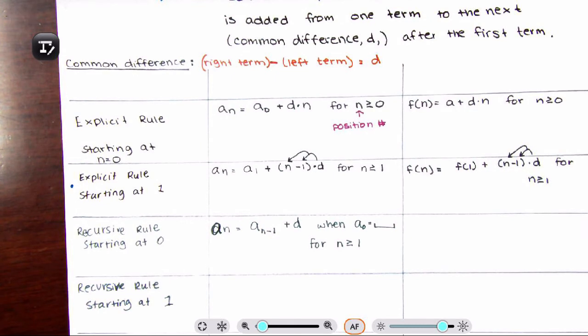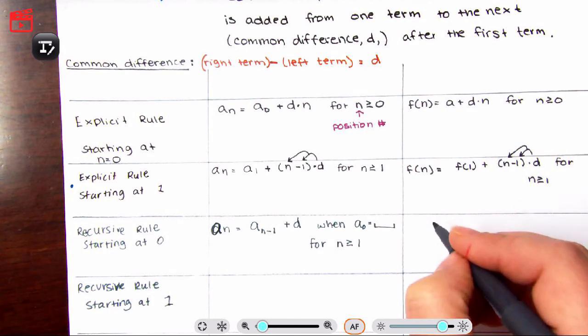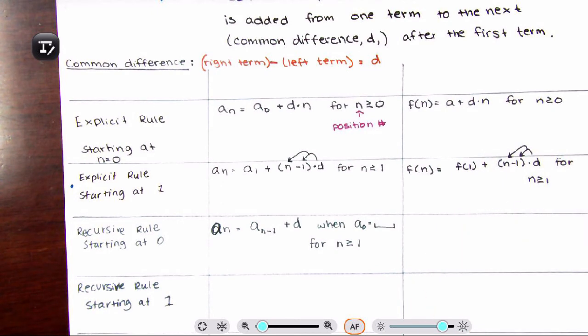And if I need to know the third position, I need to know what the term is in the second position. Do you kind of see the pattern? You cannot find what number is in the fifth position unless you know what's in the fourth, the third, the second, the first position. That's where it gets a little bit weird with recursive. You still need to know what it is, but we're not going to use it that often.